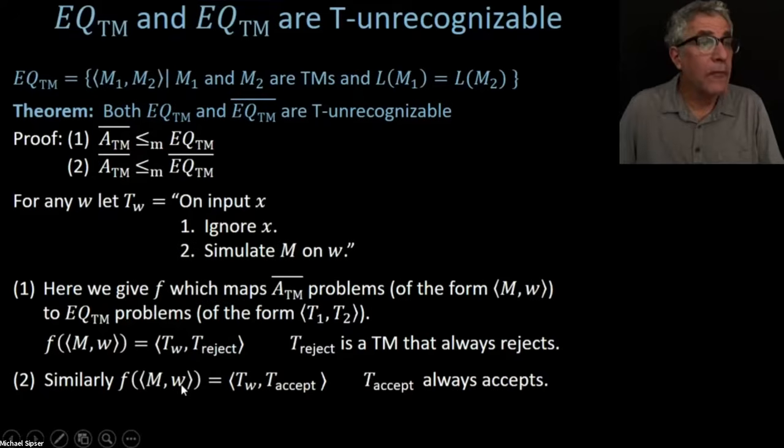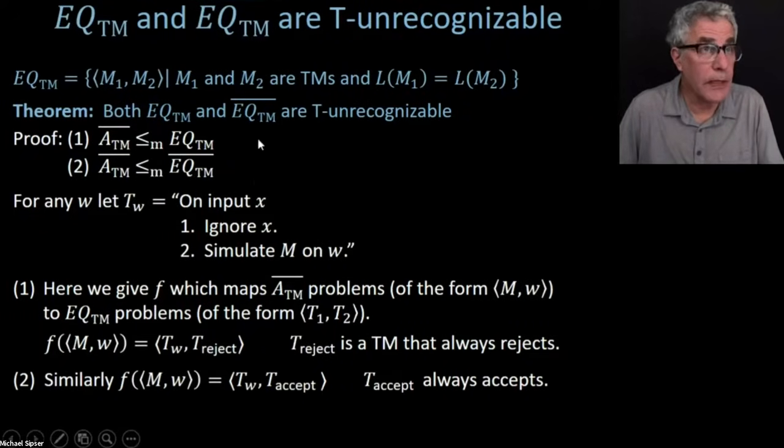Now, if M rejects W, it's in ATM complement, then TW is going to reject everything, and it's going to be different from its companion here, T accept. And so it won't be in Eqtm complement.